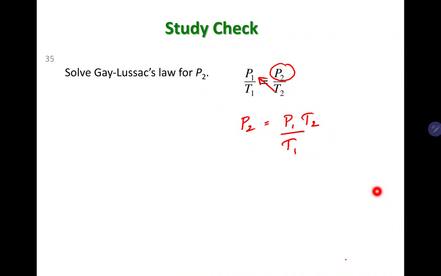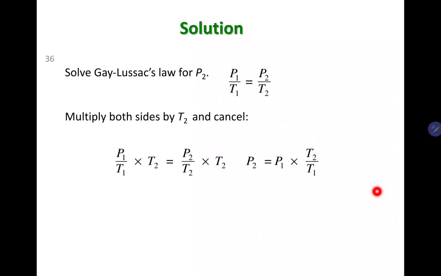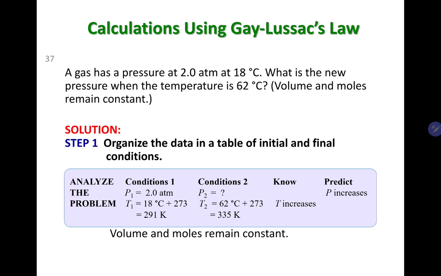All right, so this is the answer. If you know how to get there, after that you will plug in the three knowns and then figure out the unknown. Very straightforward. Here's a simple example.